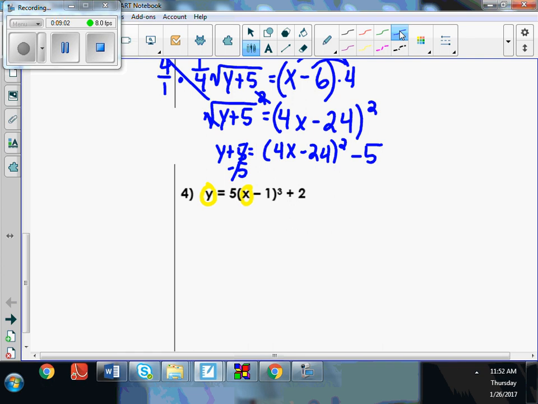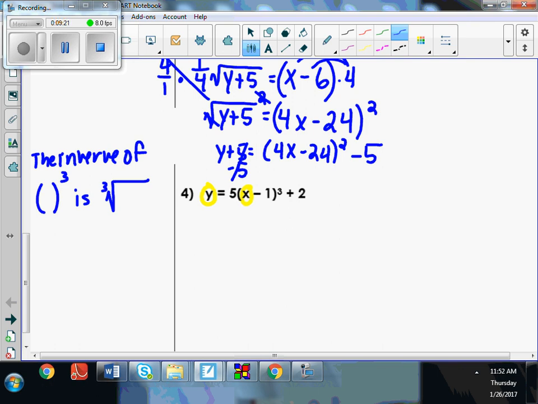The only thing you need to know is the inverse of something that is cubed is the cubed root. Okay, and so normally we only see square root, which is 2.